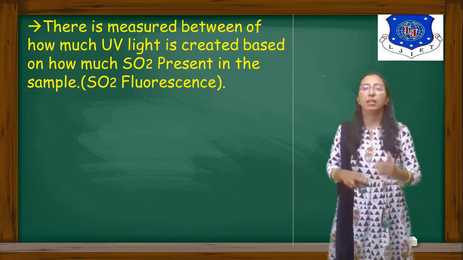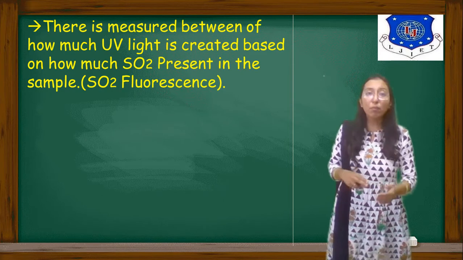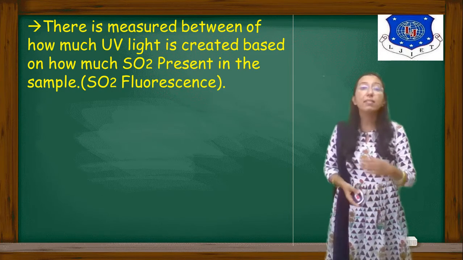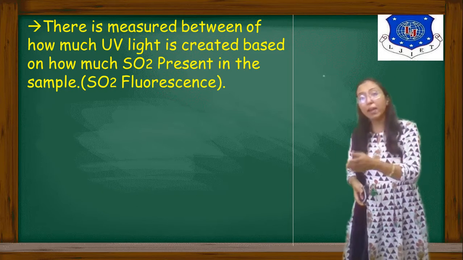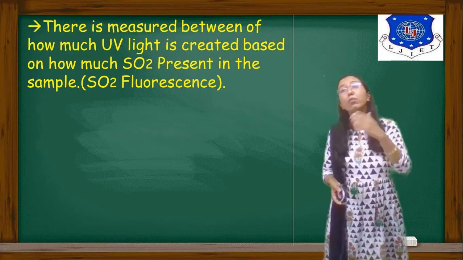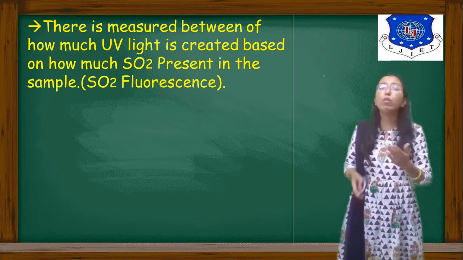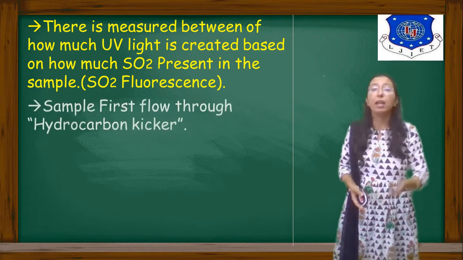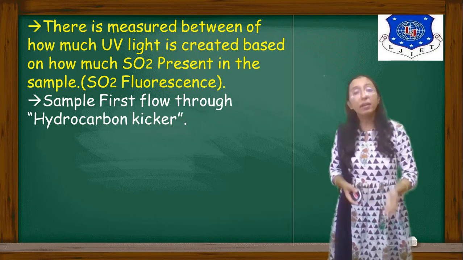Next, we measure how much UV light is created, based on how much SO2 is present in the sample. Here we are using the fluorescence method, so in brackets I have written SO2 fluorescence. The sample first flows through a hydrocarbon kicker.